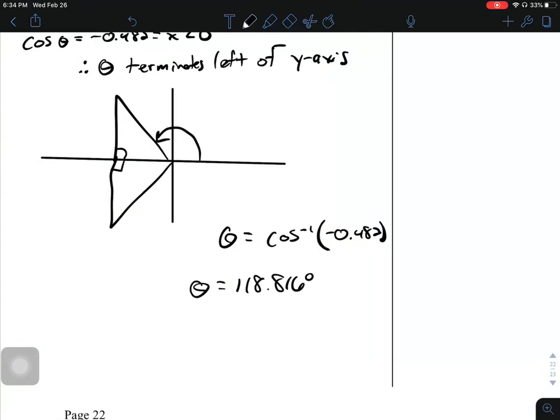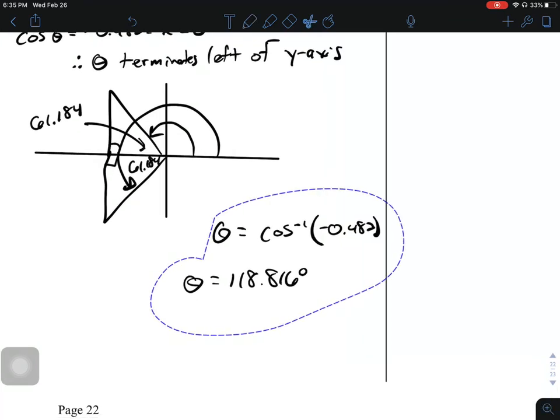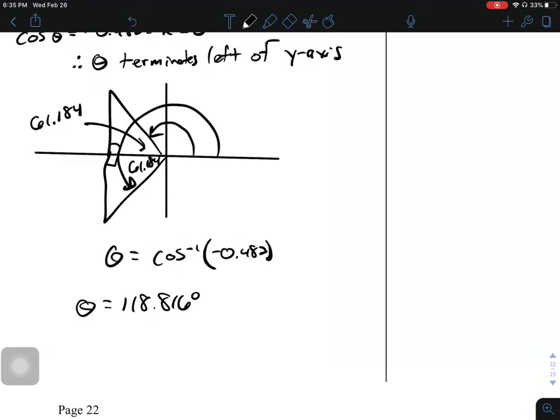That's going to make this reference angle 61.184, which means this reference angle is 61.184. So this angle here is going to be 180 plus 61.184, which is 241.184 degrees.